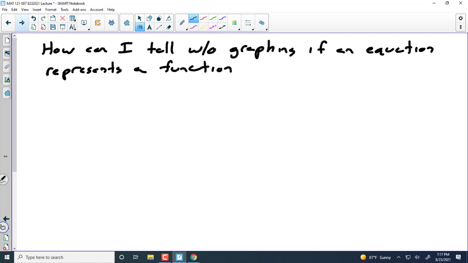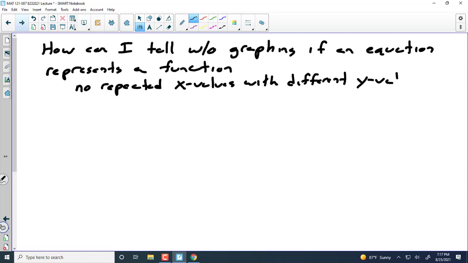In other words, no repeated x values with different y values, and passes the vertical line test. I want to know that.